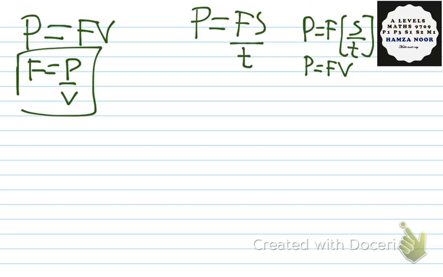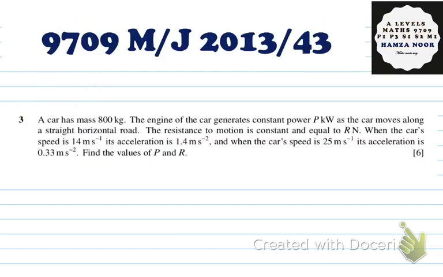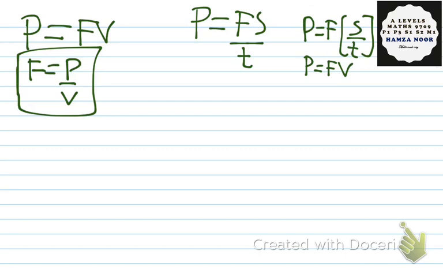In the question there are basically two cases. One case is that the speed is 14 meters per second, and at that point the acceleration is 1.4 meters per second squared. The other case is when the speed is 25 meters per second, the acceleration is 0.33 meters per second squared.